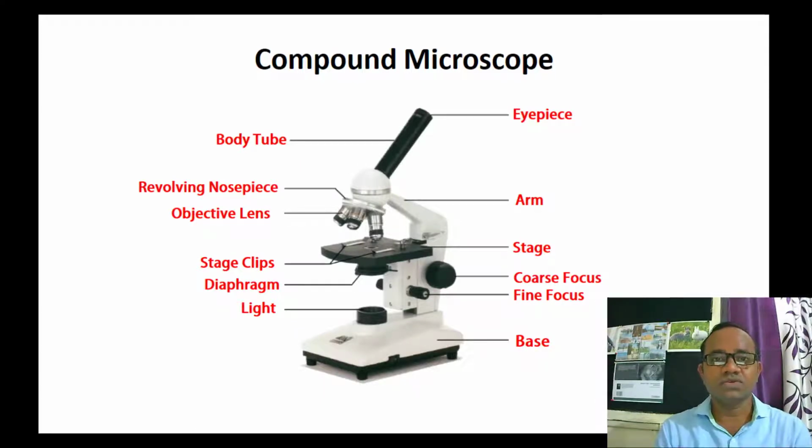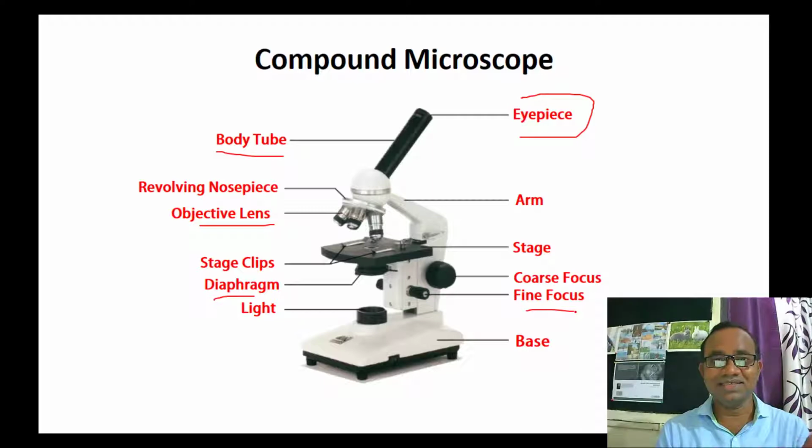This compound microscope consists of different attached subparts. All these subparts are important because only through them can the microscope function.